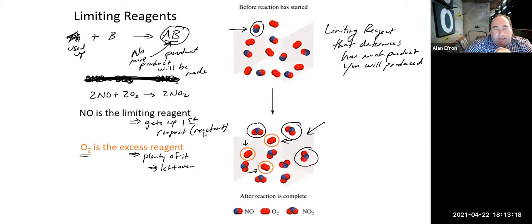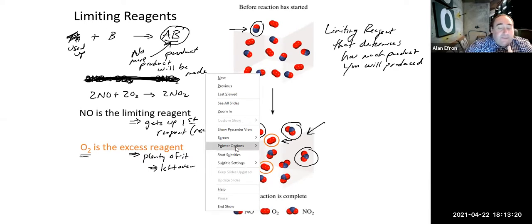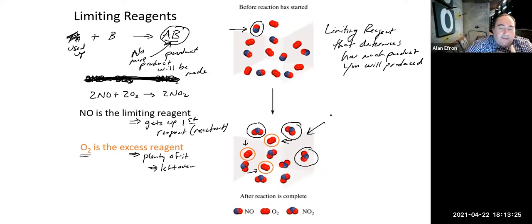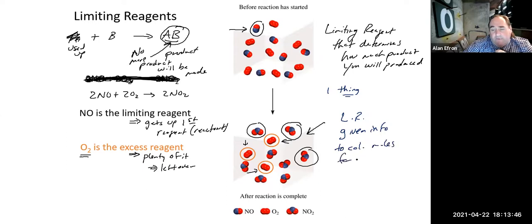How do you know it's a limiting reagent problem versus a basic stoichiometry problem like we've been talking about? It is really based on the problem. If you remember the problems that we just did, we pretty much were only given information about one thing, right? In limiting reagent problems, you are typically given information to calculate moles for all the reactants, which in most problems is the two reactants.